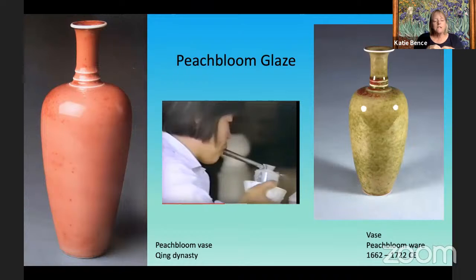And these were technically challenging due to the need for separate reductive and oxidative firing cycles. So these were fired on multiple times. And as I said, the Qing dynasty was the last great dynasty for innovation in ceramics.